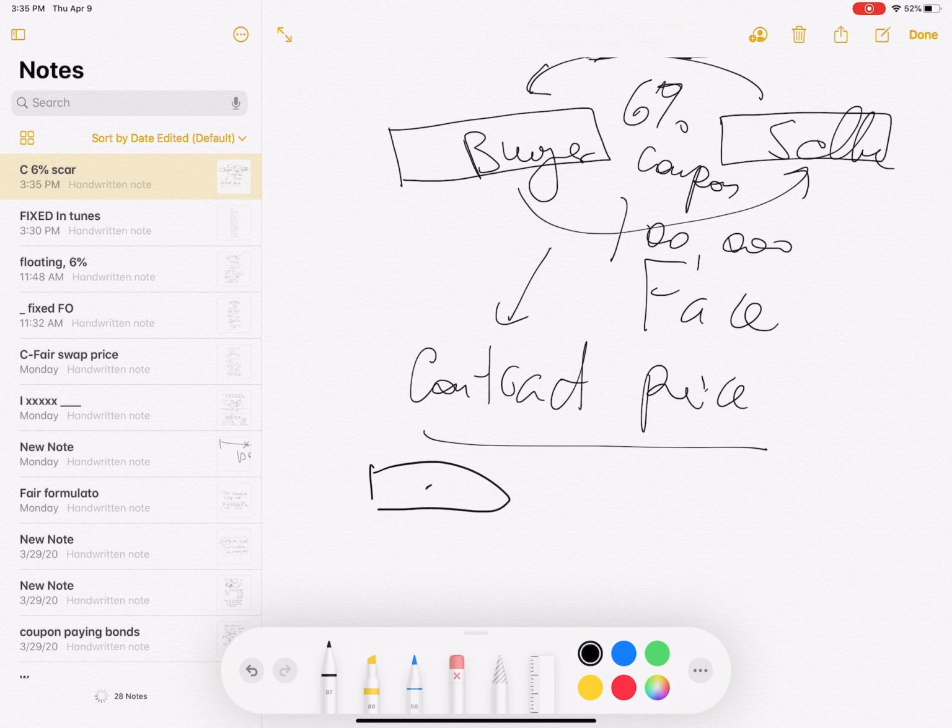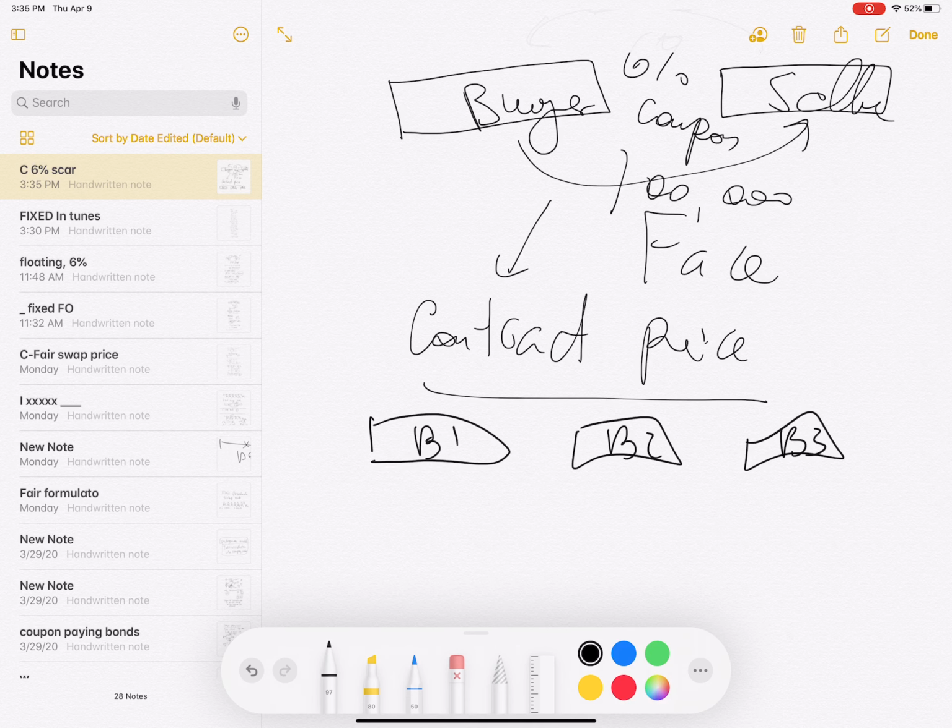So here are your bond 1, bond 2, and bond 3 that you want to deliver. Because these bonds are not the 6% bond, you should deliver a different amount of face value to compensate for the coupon.